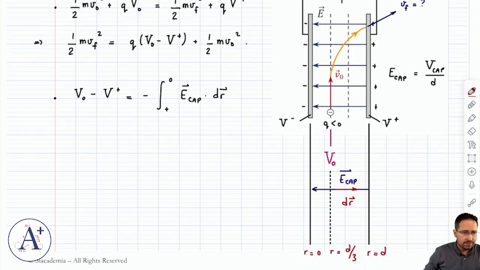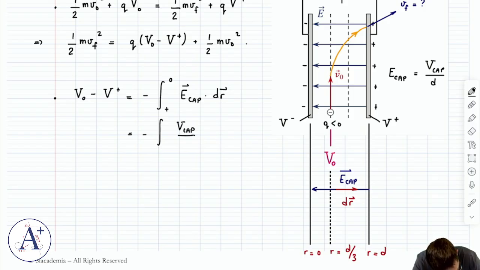That's what we're told. And so now I can say, well, this is minus the integral. E cap is V cap over d.